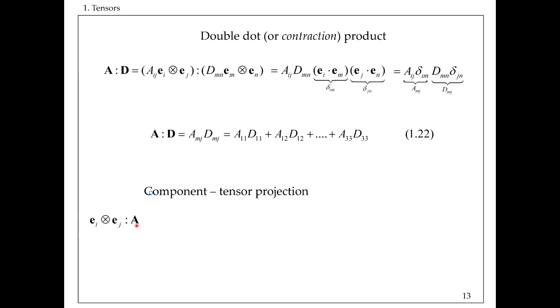It's very common to use mn or kl in these notations. So we keep this i and j here, of course, and we have chosen to have the mn combination here.